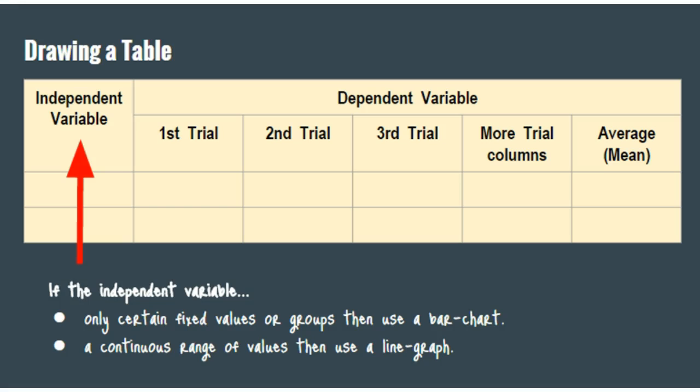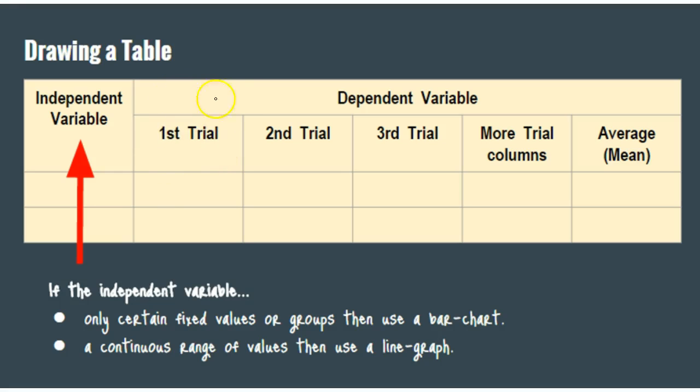First of all, when we draw a table, there's a few basic rules. Your independent variable, the thing that you have changed, they're all supposed to be listed down the side of your table. Okay? So you put your independent variables down the side here, like this, and then you put your trials across the top.